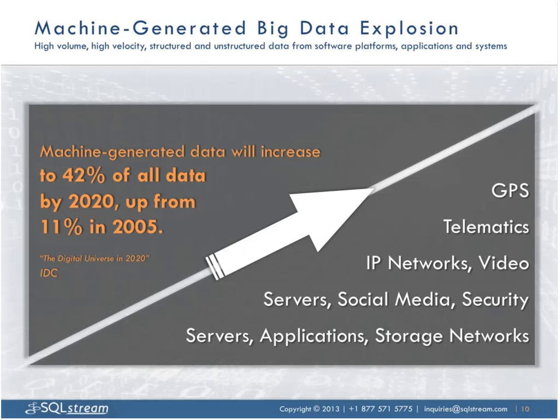People don't necessarily realize quite how much information is being generated now by machines. By machines, we mean servers, computers, devices, sensors, the broader terminology here. According to IDC, over 42% of all data within 7 years from now, actually less than that, will be machine generated, up from a much more modest 11% a couple of years ago.